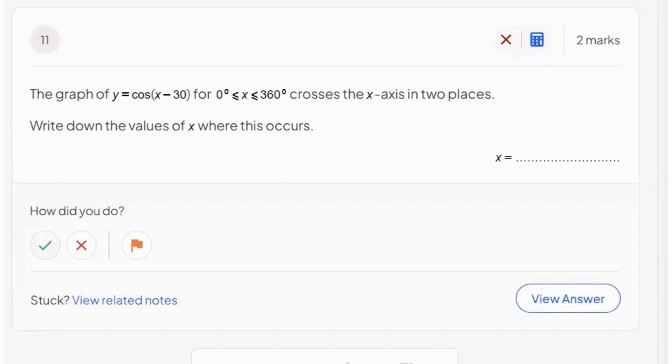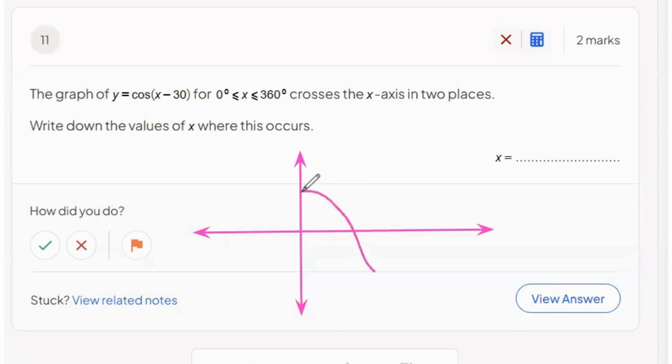Question 11 says the graph of y equals cos of x minus 30 for 0 to 360 crosses the x-axis in 2 places. Write down the values of x where this occurs. To understand this better, I'm just going to draw a rough sketch of y equals cos x from 0 to 360. 0, 90, 180, 270, and 360.